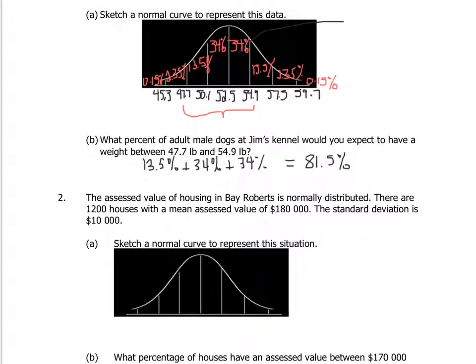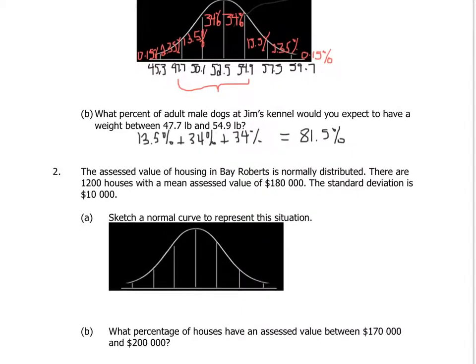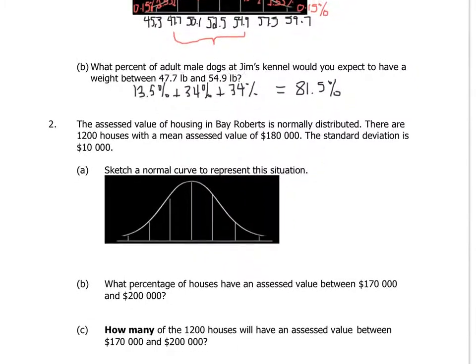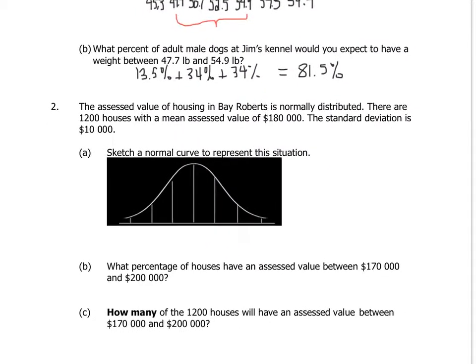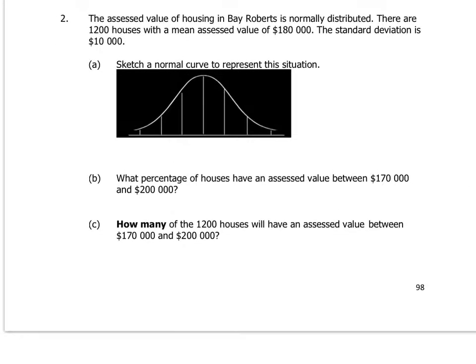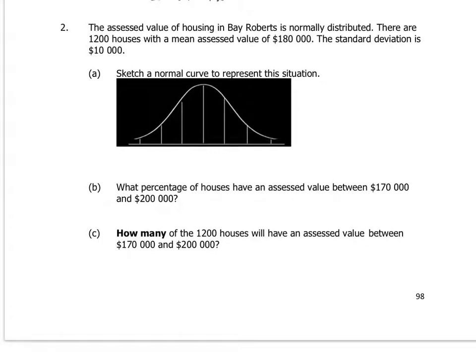Another question: the assessed value of housing in Bay Roberts is normally distributed. There are 1,200 houses with a mean assessed value of 180,000. The standard deviation is 10,000. So to sketch a normal curve for that, the mean would be 180,000 here in the middle.